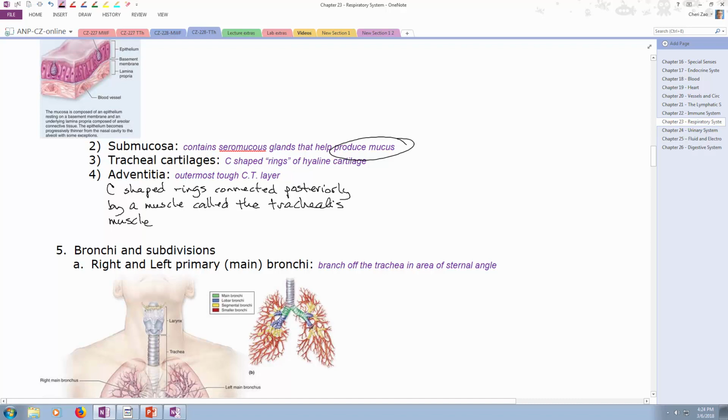What kind of muscle would this be? Smooth muscle. So this is a muscle that's not under voluntary control, it's under involuntary control.